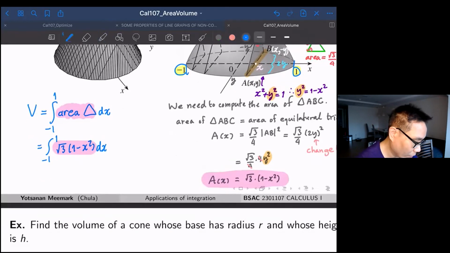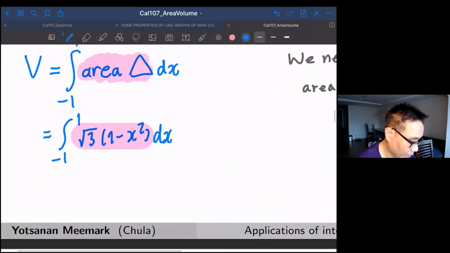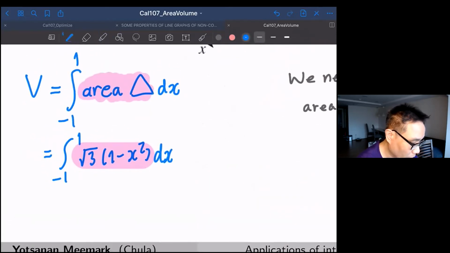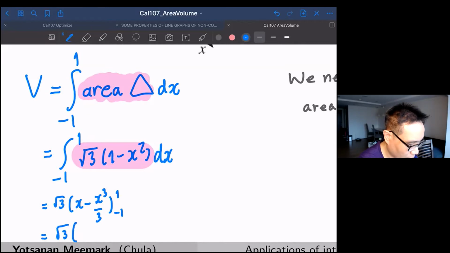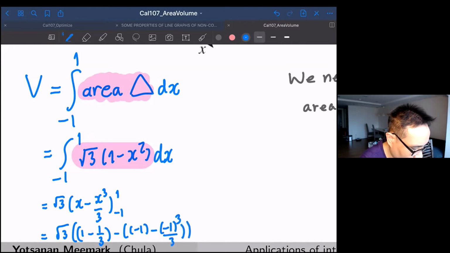It's root 3, and you integrate 1 minus x squared, so you get x minus x cubed over 3, from negative 1 to 1. So it's root 3 times 1 minus 1/3, subtract negative 1 minus negative 1/3.